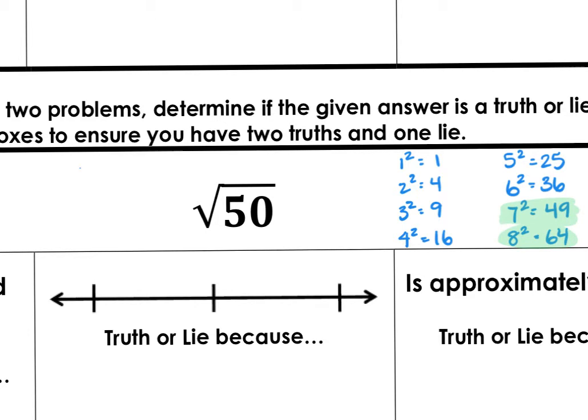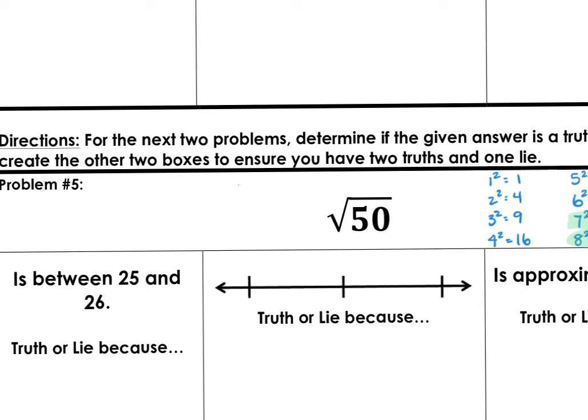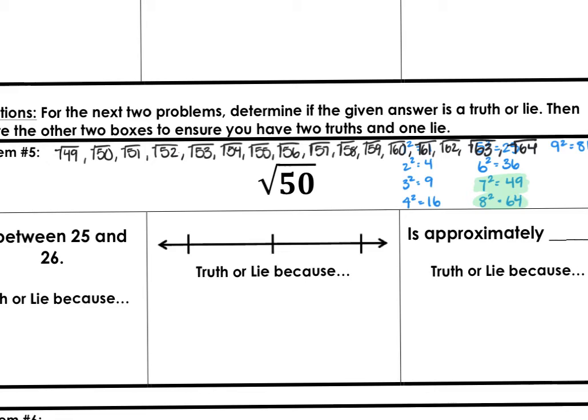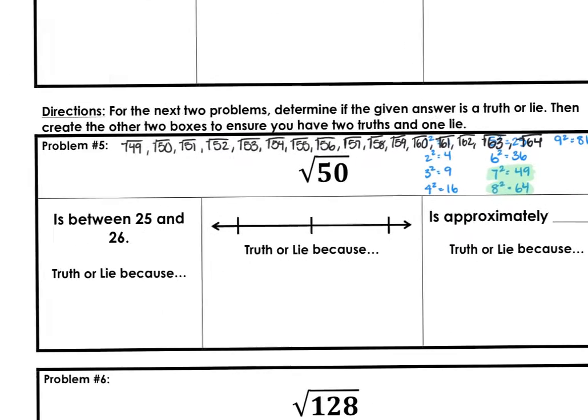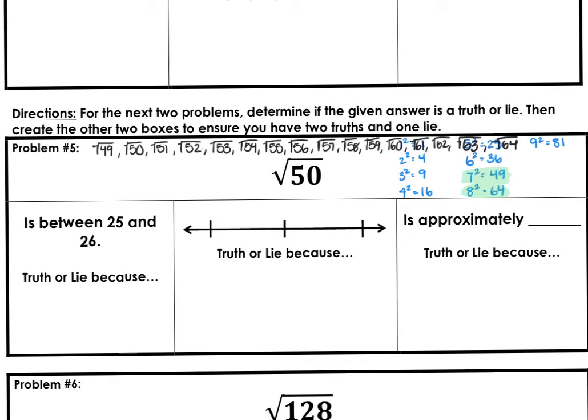So if we were going to do a number line with just square roots, it would look something like this, where we have the square root of 49. Obviously that turned out to be a much larger square root than I intended, but now it's going to be easy to see if I wanted to highlight my perfect squares.